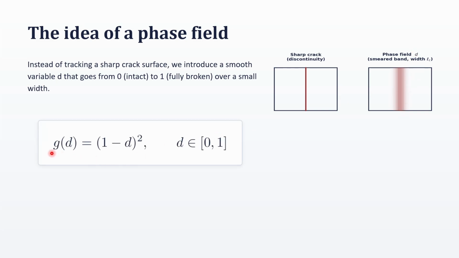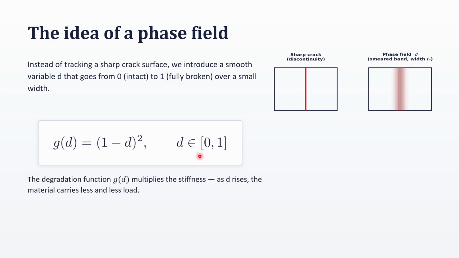Now we had this degradation function in order to degrade stress and the strain energy density. This degradation function g(d) was (1 minus d) whole squared plus some stability parameter kappa, which was very, very small. This degradation function g(d) multiplies the stiffness. So as d rises, the material carries less and less load. Why?